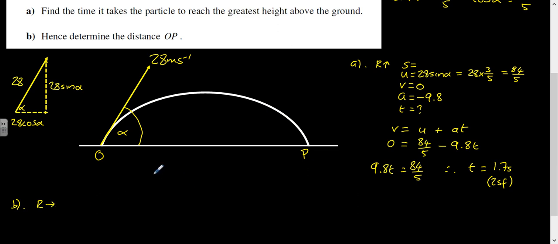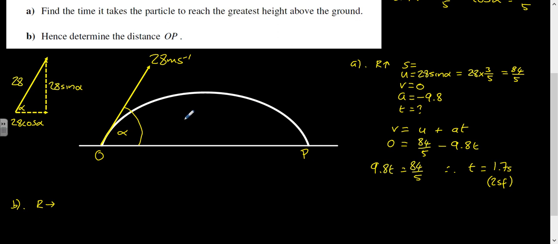All right. Now, here's the interesting thing. As you saw in the learning pack video, and as I've explained a lot in class as well, when we're moving horizontally in these questions, there is no acceleration. The only acceleration acting on the particle is the acceleration due to gravity. When we consider the horizontal motion, it has a constant velocity.